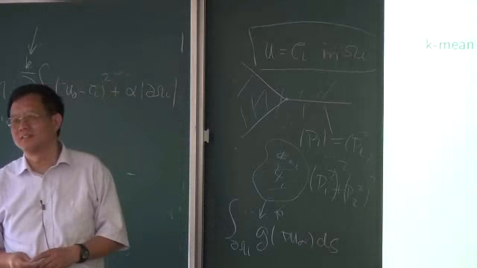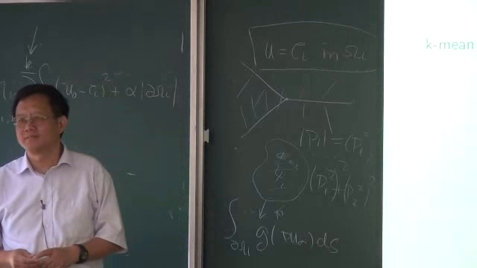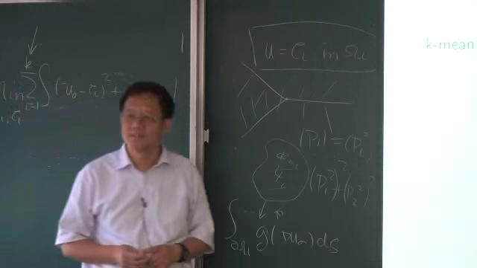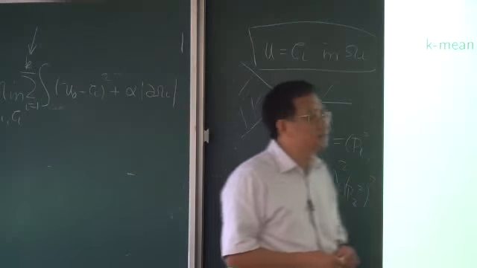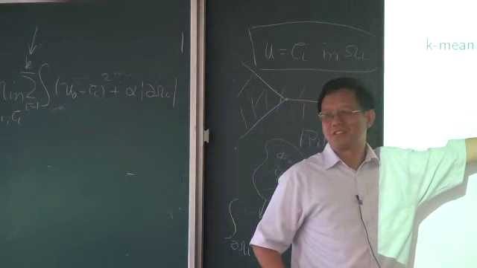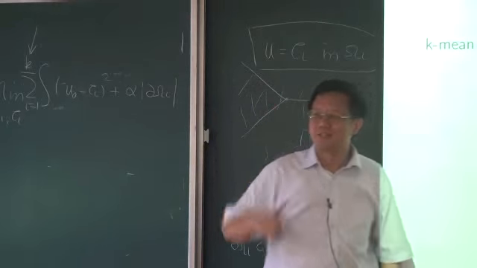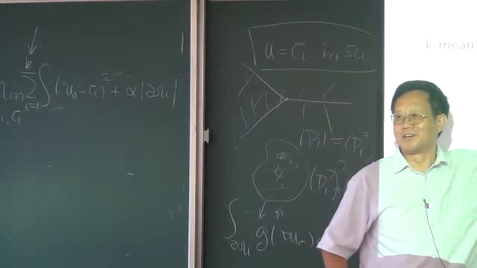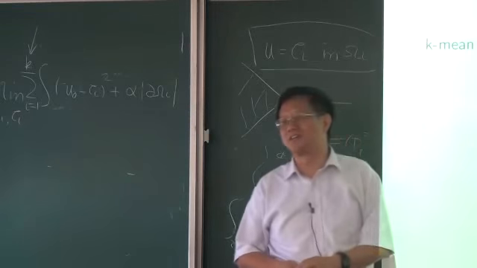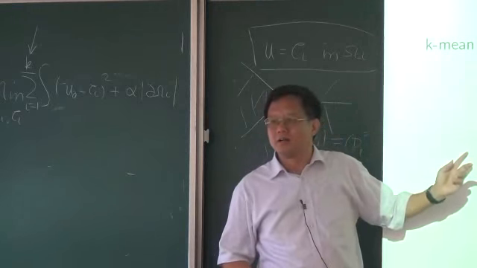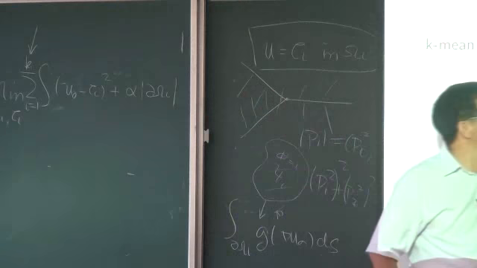The Chan-Vese model and K-means depend on the initialization. That's right. But the graph cut does not. If Ci is known, graph cut does not depend on initialization. If Ci is unknown, you still. Graph cut needs to assume Ci is known.